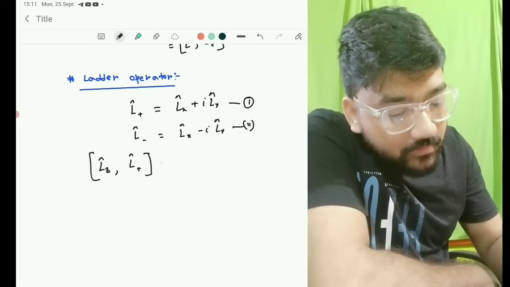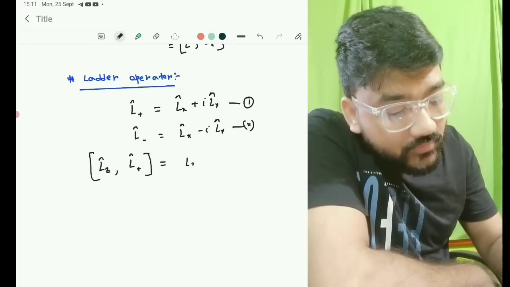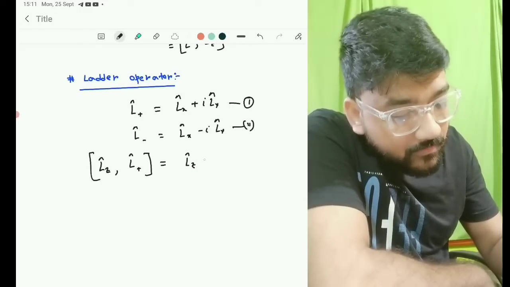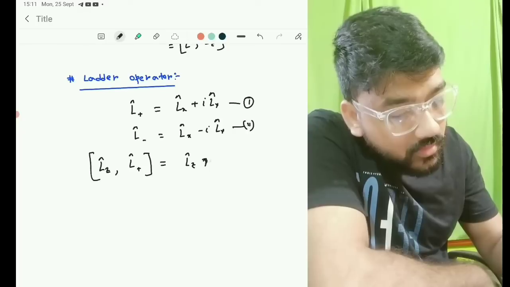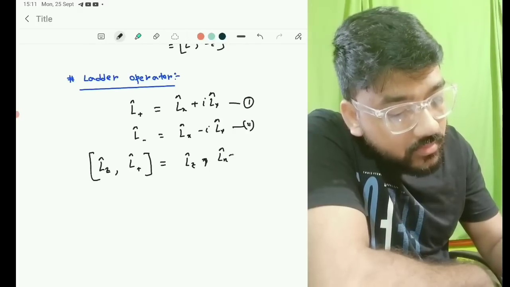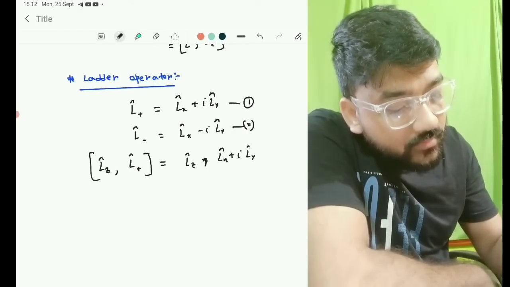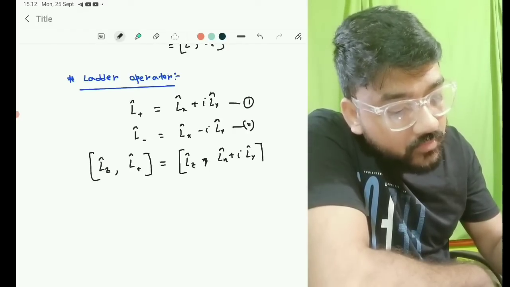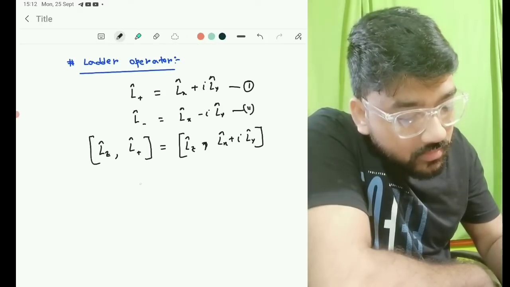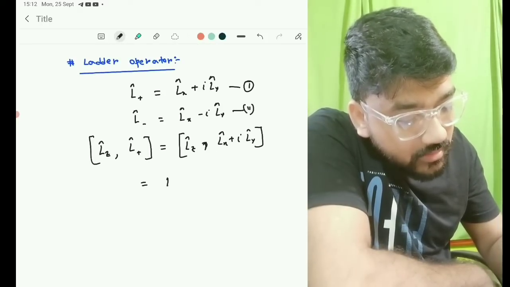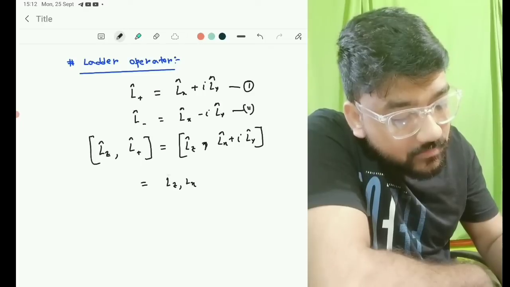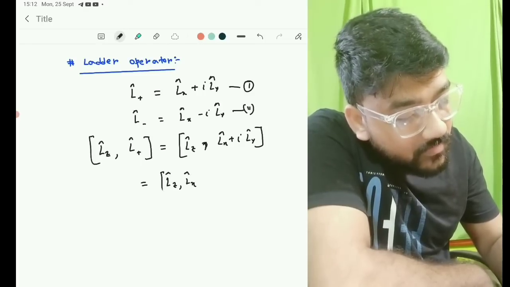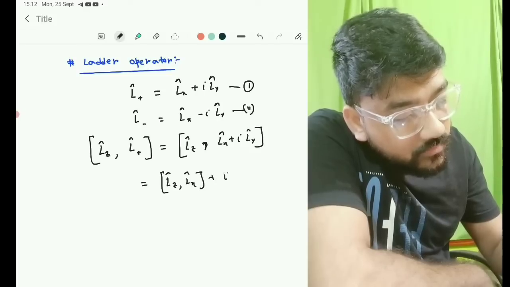So you have Lz cap with Lx cap plus i into Ly cap. Using the linearity property, you get Lz with Lx first, plus i into Lz with Ly.